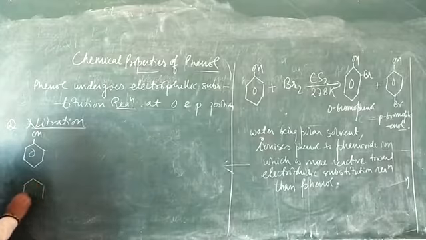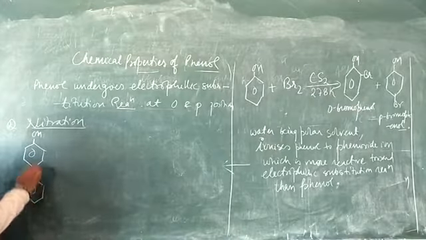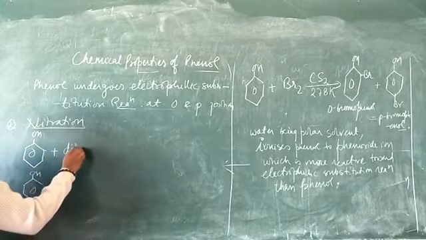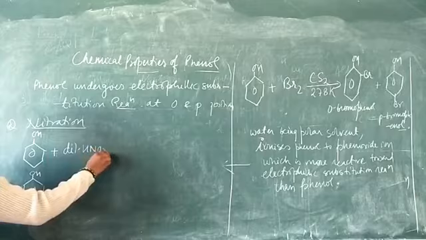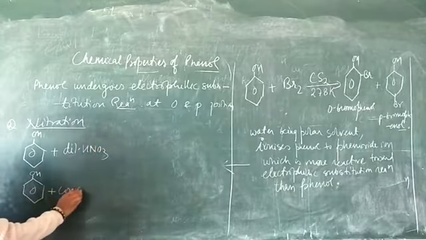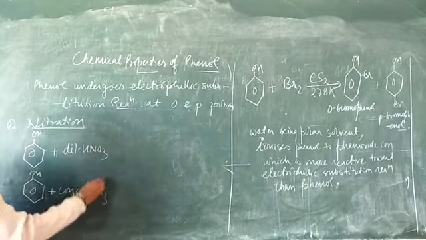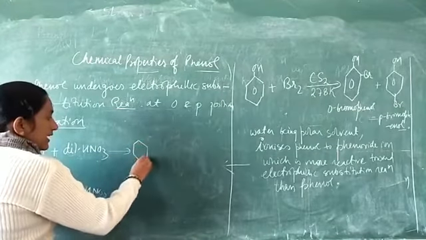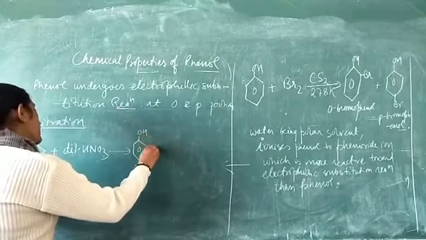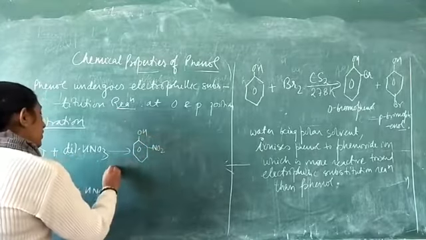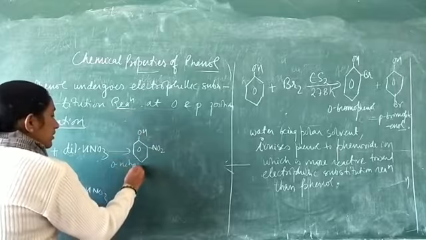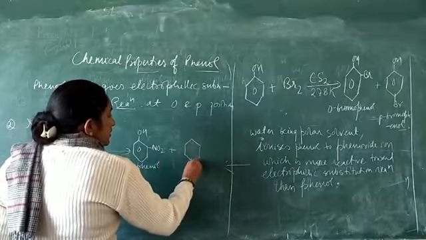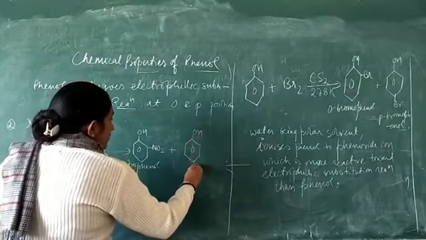Now just see here, I am writing nitrophenol here. So in the first case it is dilute nitric acid, in the second case it is concentrated nitric acid. So when we are using dilute nitric acid, students, we only get mono-substituted product, ortho-nitrophenol. In the same way we will get here para-nitrophenol.